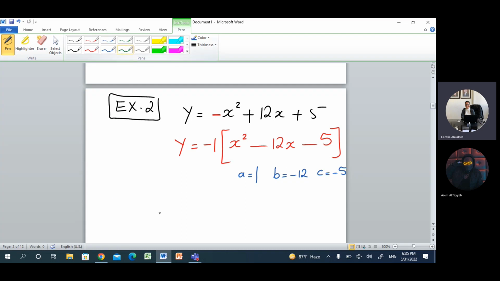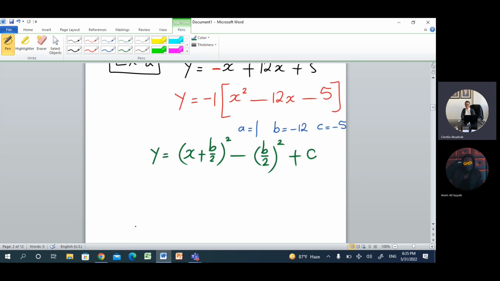The general form of the completed square is, you open a big bracket to the power of 2 minus a smaller bracket to the power of 2 plus C. In the big bracket, you will write x plus b over 2, and in the small, you will write b over 2. Let's substitute the values of a, b, c in the completed square form. And how do we do this?